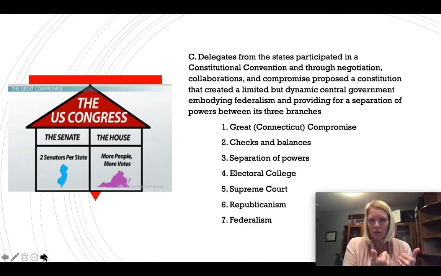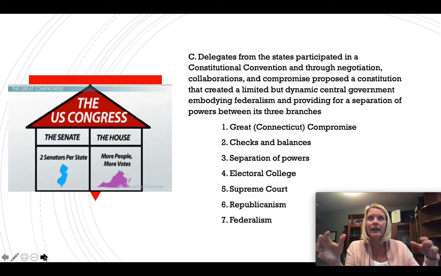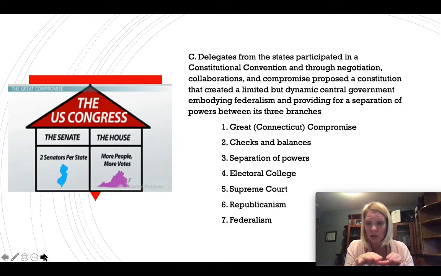So Roger Sherman comes up with what we know as the Great Connecticut, he's from Connecticut, the Great Compromise. Basically, it allowed for three branches of government, but more importantly, it allowed for all states to have representation equally.